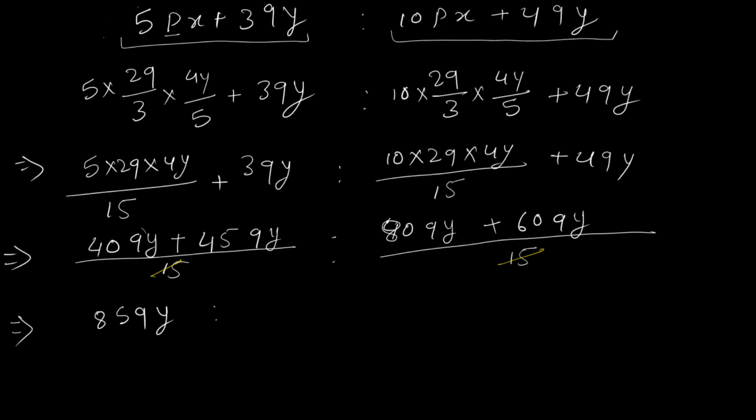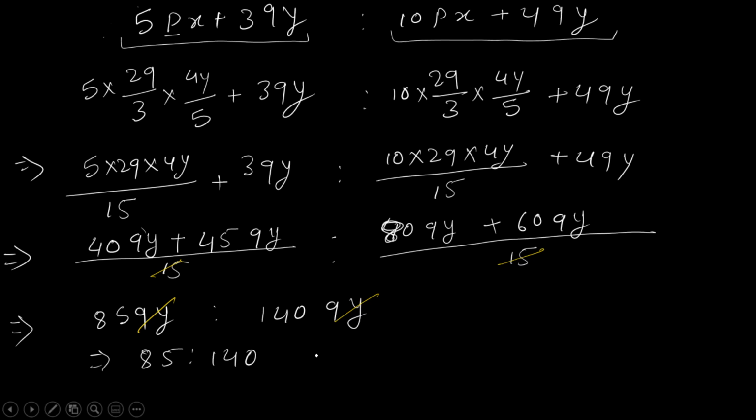Be alert. Okay, and here you have 140 qy, right? Now you have to tell me something common. Yes sir, what is common? qy and root qy. So this is cancelled, and the resultant ratio you have is 85 is to 140. Am I right? Right.